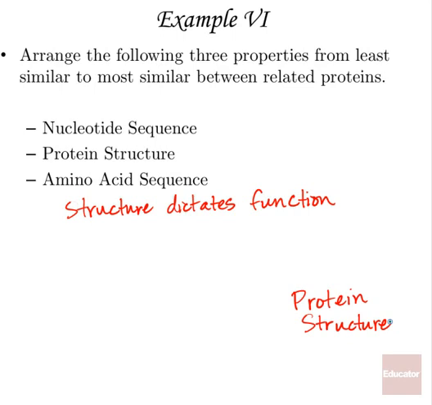All right? Now, if we remember back to the second unit, when we talked about the genetic code, right? We have DNA being made into RNA, and that RNA being made into protein.